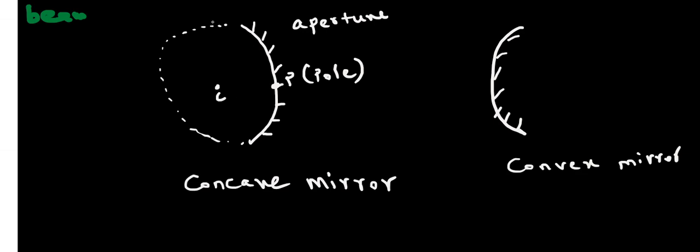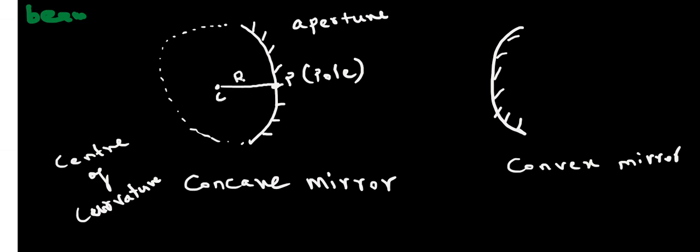So this center of the sphere acts as the center of curvature of the reflecting part of the spherical mirror. The spherical mirror is a part of the sphere, so we should keep that in mind. This is the center of curvature, and this distance is called the radius of curvature.